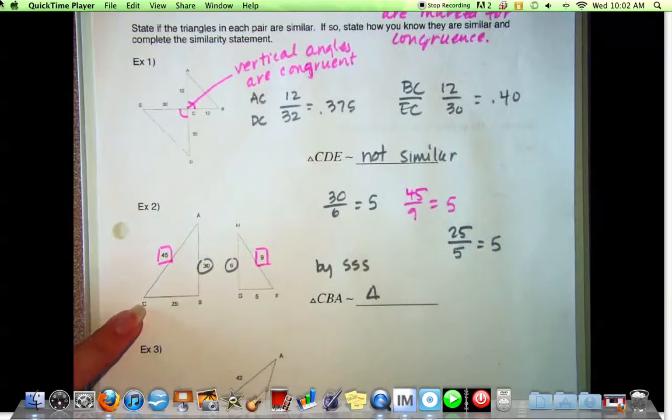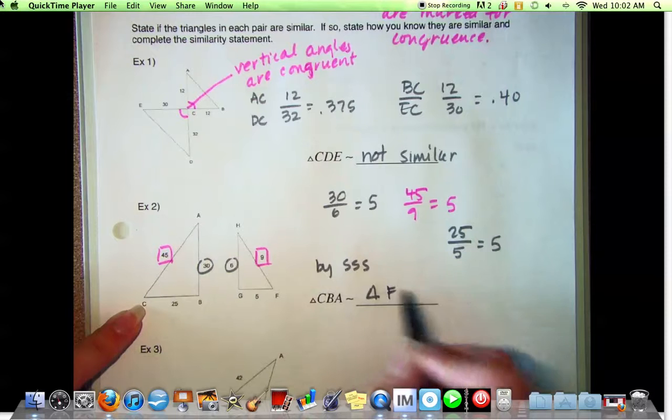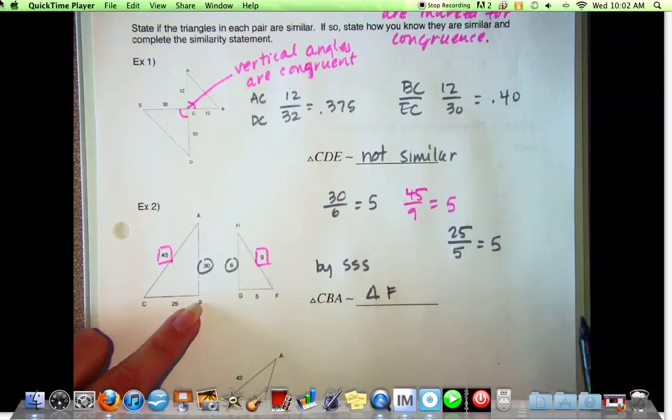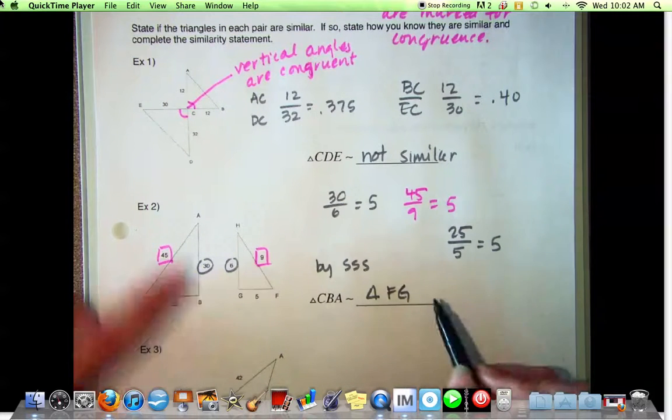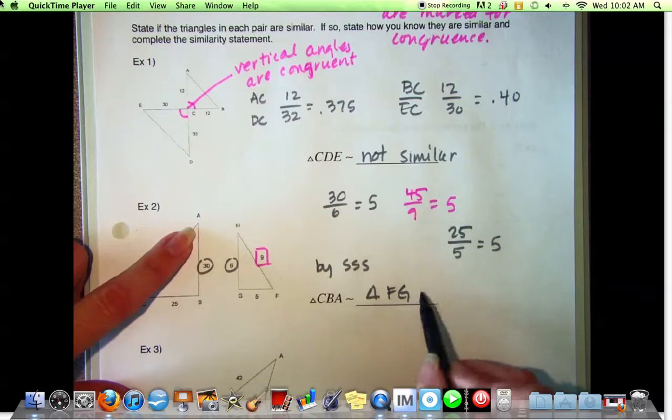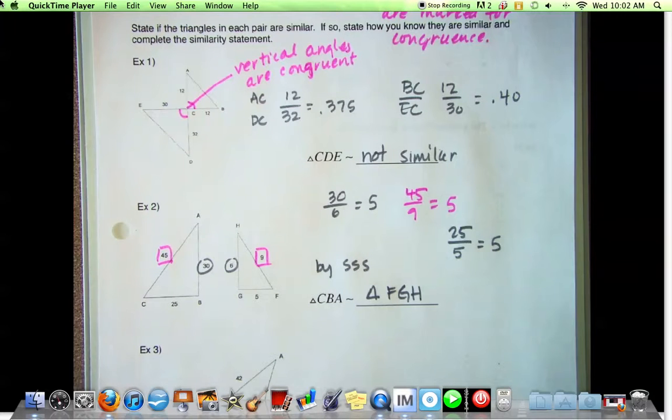So, angle C is similar to what angle? F. Angle B is similar to angle G, and angle A is similar to angle H. So, by the side, side, side theorem, triangle CBA is similar to triangle FGH.